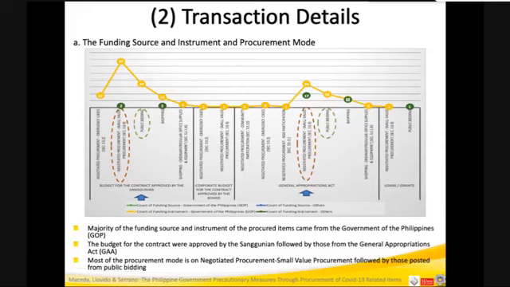While for the budget for the contract, this was approved by the Sanggunian, and followed by the General Appropriation Act or the GAA. And most of the procurement mode is negotiated procurement, small value procurement, both on the two modes, and then this was actually followed by public bidding.